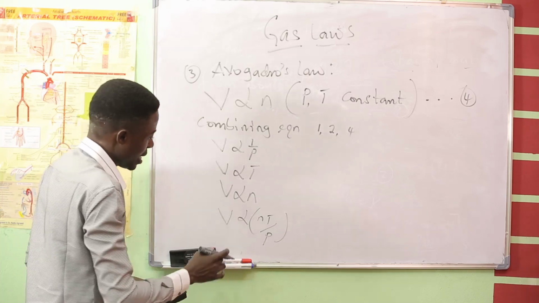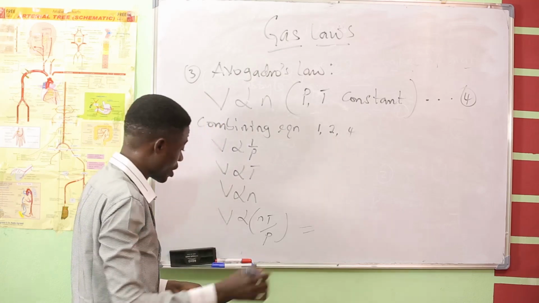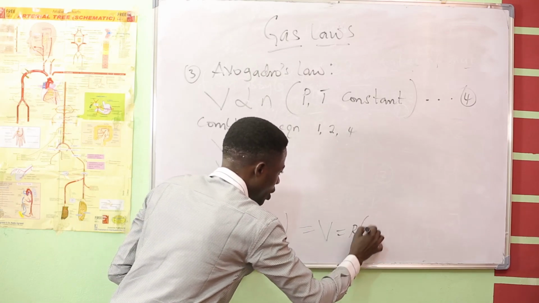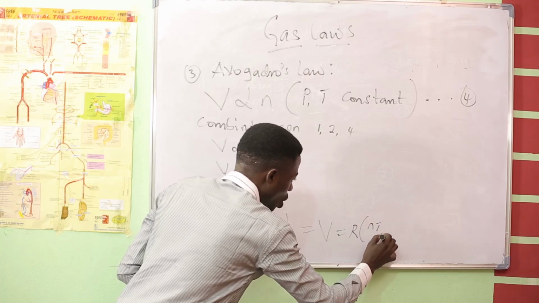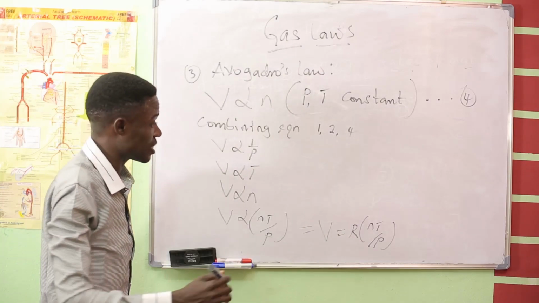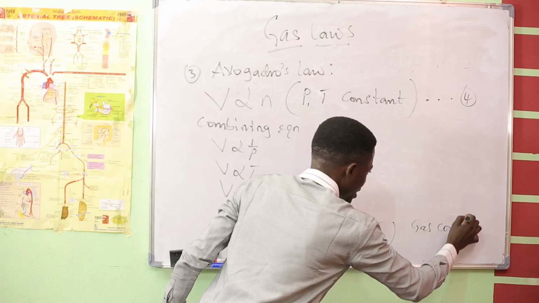Now, if I remove this sign of proportionality and introduce another constant, I'm going to have V is equal to R times NT over P, where the R here stands for gas constant. R is a gas constant.